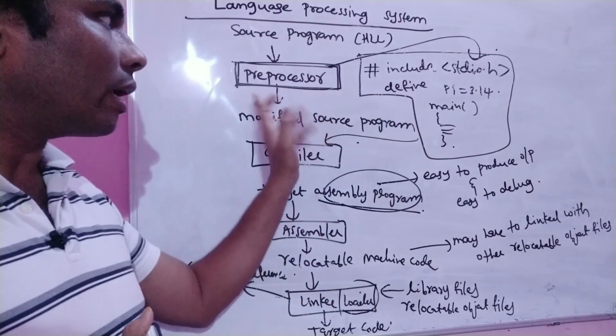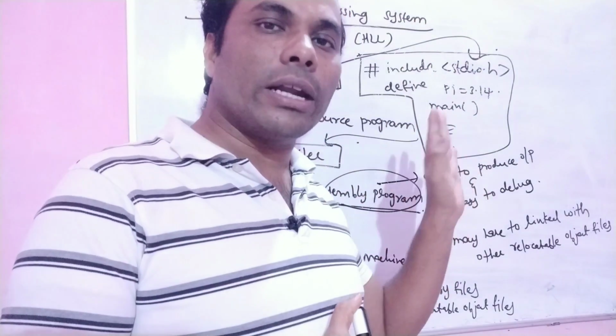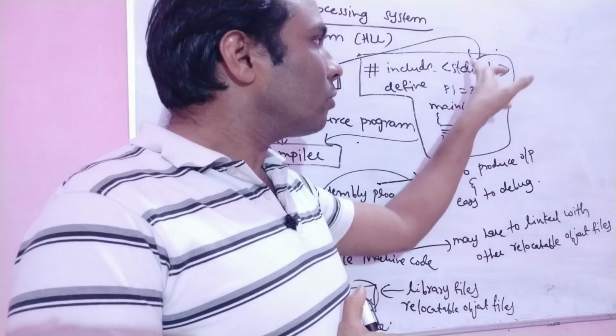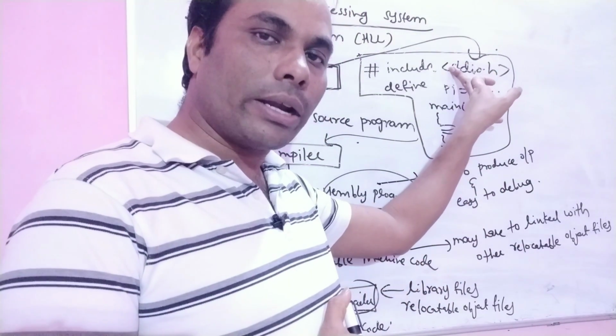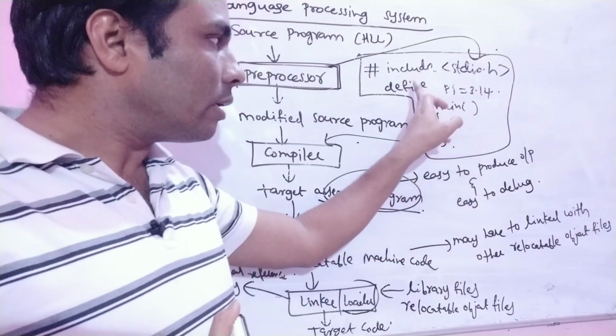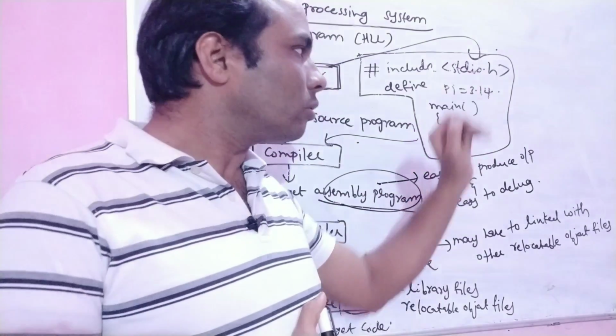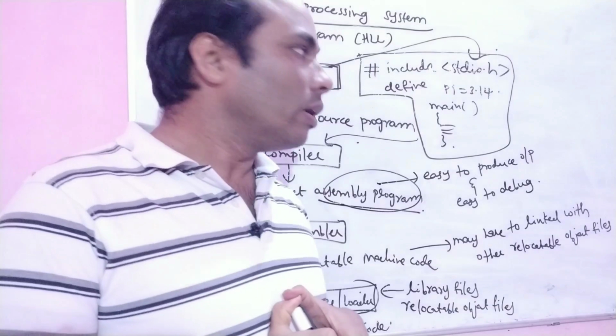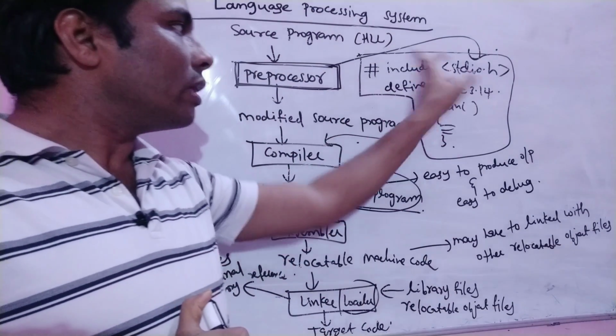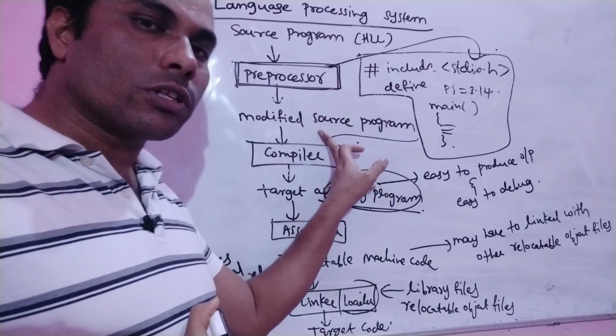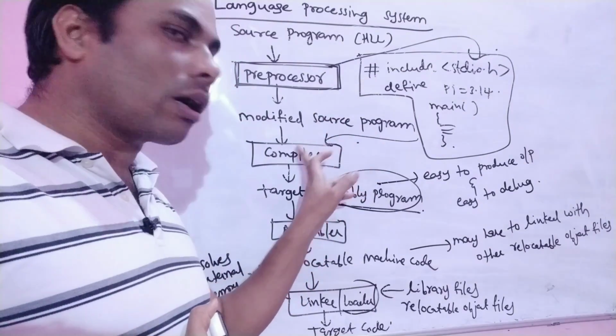The preprocessor collects the data from the different modules, substitutes wherever file inclusions are required, and does the macro expansions also. After that, the modified source program you pass to the compiler.